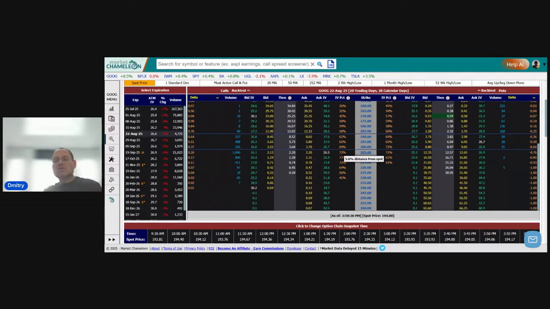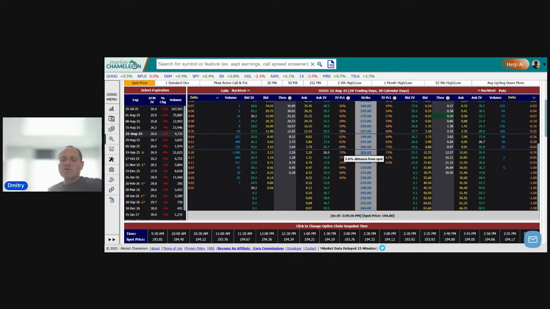If we looked at an option that was 5.6% above the spot price and only had 20 trading days, how did those options perform? We would have to find similar options. We're not going to find exactly the same percentages, but we could find options that have the same days to expiration, and something very similar, track their performance, and get some statistics on it.